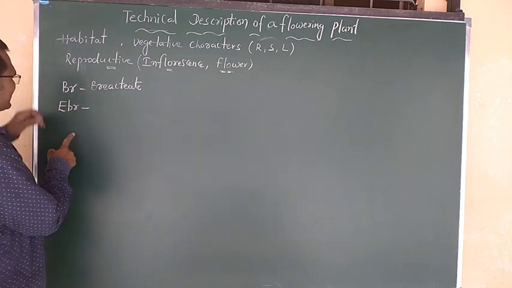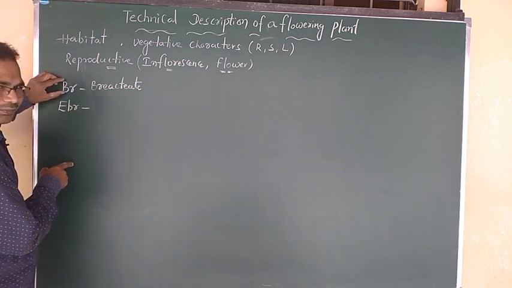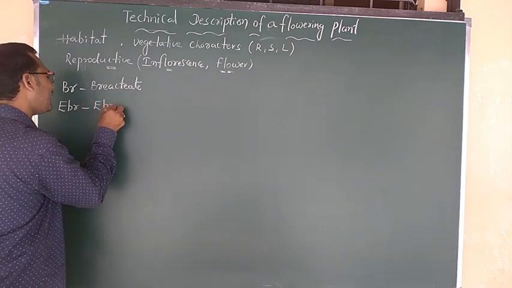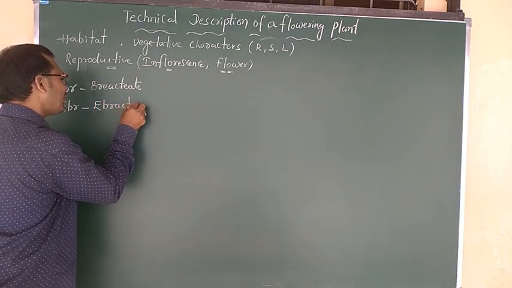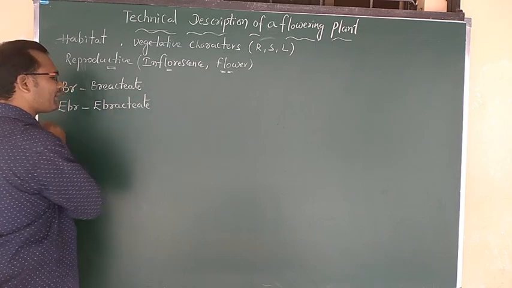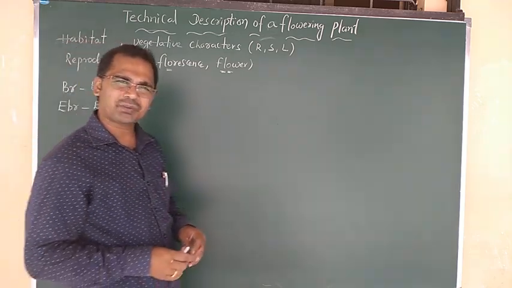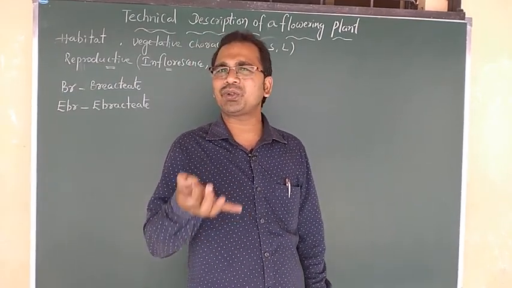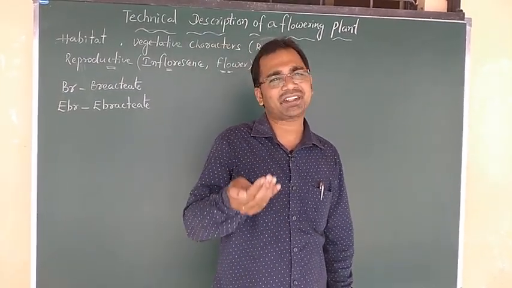BR means bracteate flower, EBR means ebracteate flower. What is the meaning of ebracteate flower? The flower with bract we call bracteate. The flower without bract we call ebracteate flower.